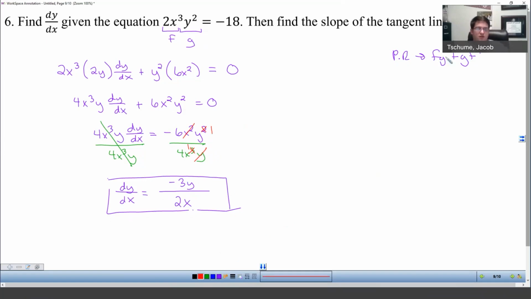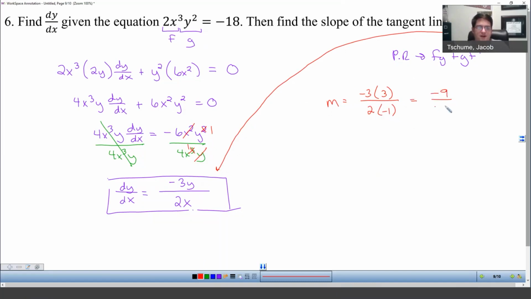Just like earlier, since we have x's and y's in our derivative, I need to take x equals -1 and y equals 3 and plug those into my derivative to get the slope of the tangent line. So m would be -3 times my y, which is +3, over 2 times my x, which is -1.